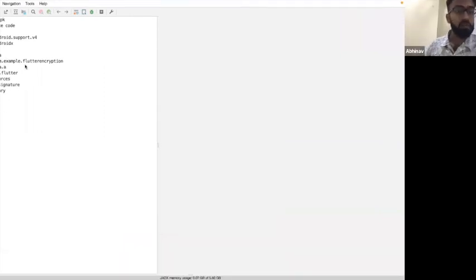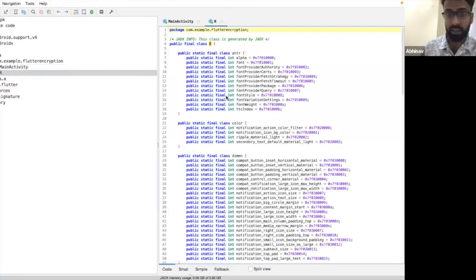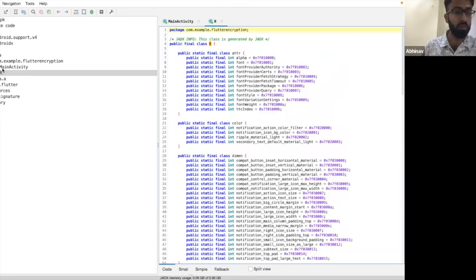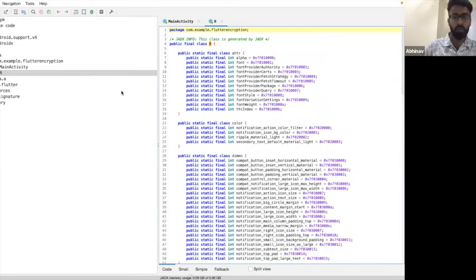Okay. So first thing we have is the name of the application. Now, entering into it, I see there is a main activity and an R class, but pretty much that is it. There is no other code. Now, to see if this application actually works, let me install it on my phone and see what is going on.